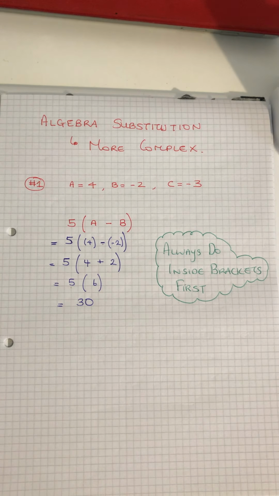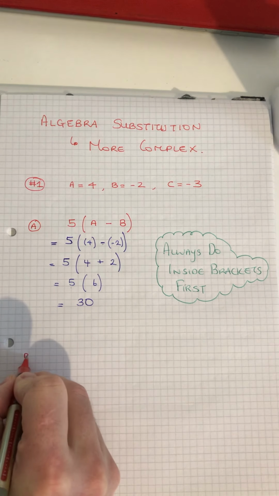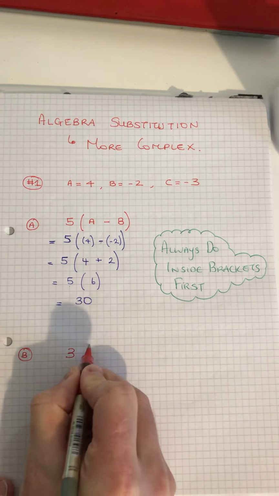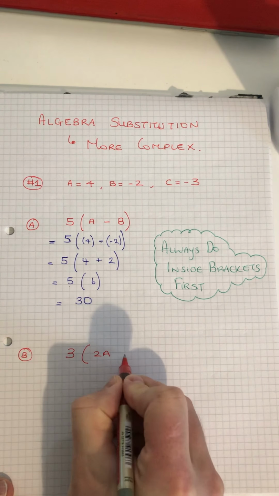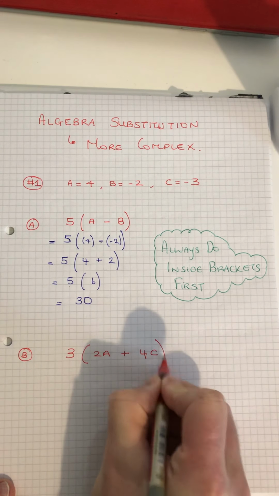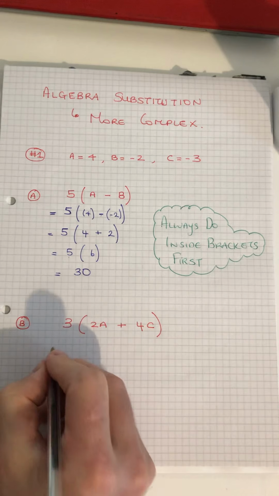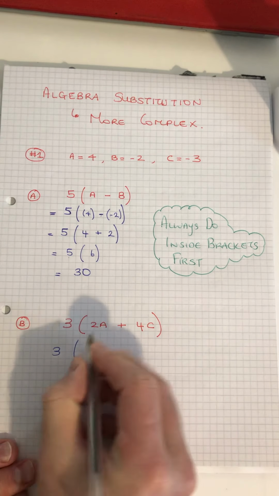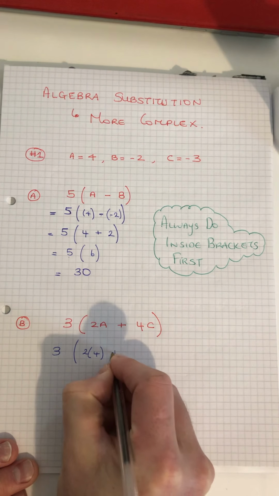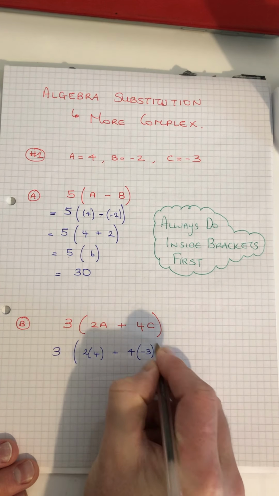So another example of that might be if I have, say, 3 times 2A plus 4C. Again, be careful. So we would have 3 times 2A, which will be 2 times 4, plus 4 times C, which is minus 3.